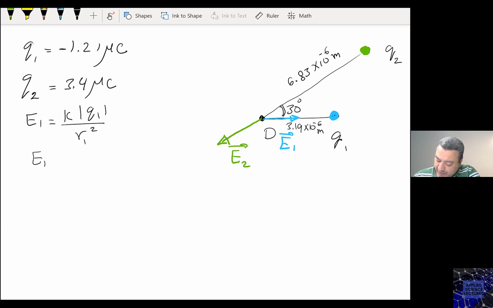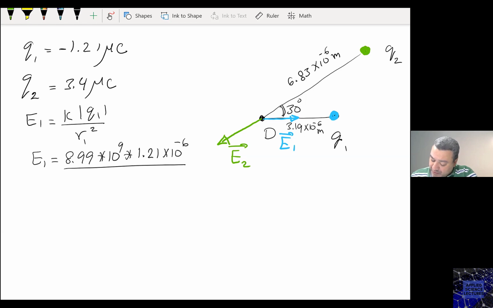So we have E1 as 8.99 times 10 to the power 9 times the Q1 magnitude, 1.21 times 10 to the power minus 6 (micro is minus 6), divided by 3.19 times 10 to the power minus 6, squared.